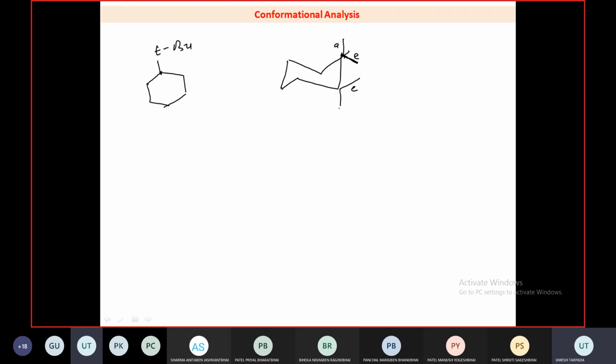You should always remember that the equatorial position is the less sterically hindered position. There is less steric interaction at the equatorial position.